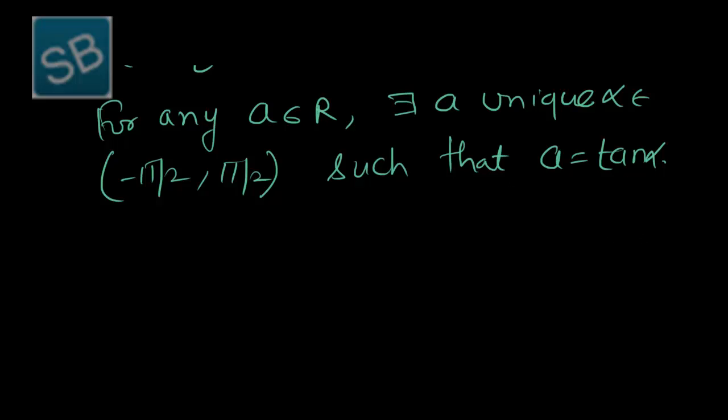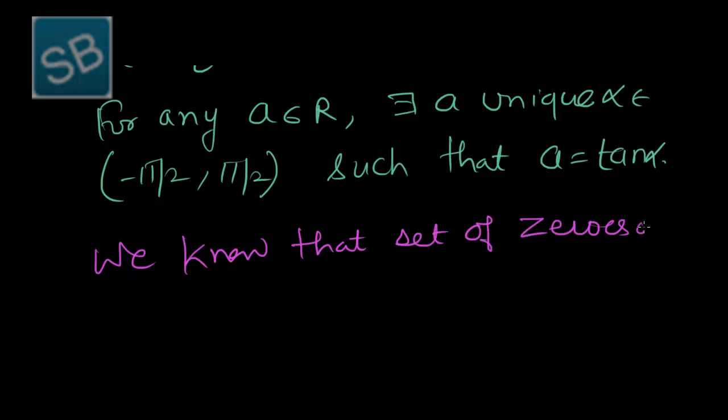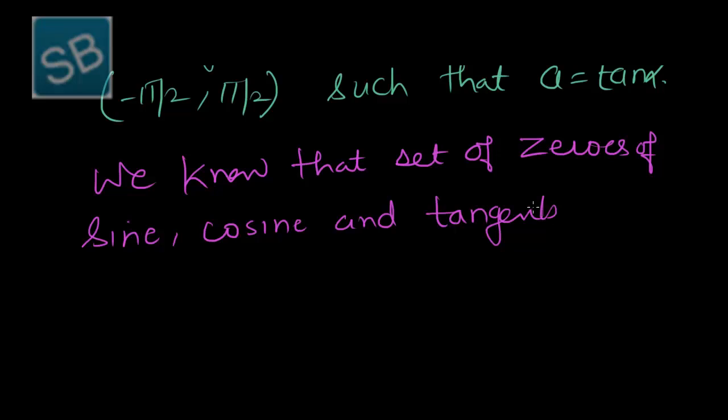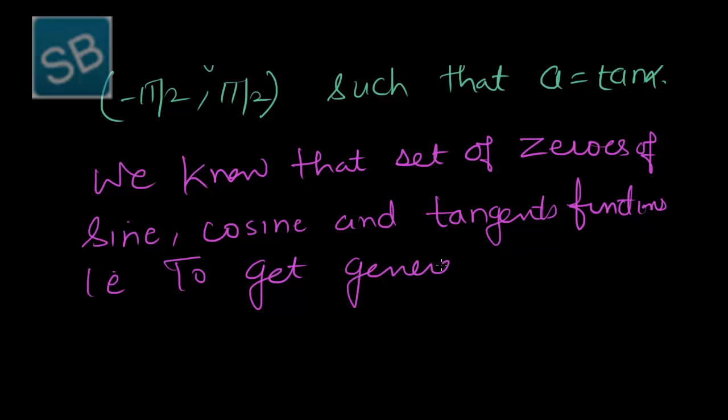Now we know the set of zeros of sine, cosine and tangent function also. Zeros are those points that satisfy the equation. That is, to get the general solution, we take A is equal to 0.